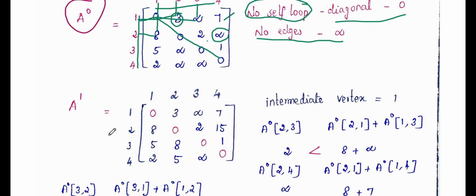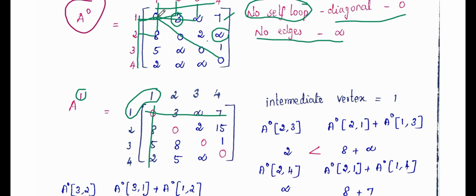If you take 1 as the intermediate vertex, simply make no change in the row and column of 1, because 1 is the intermediate node here.